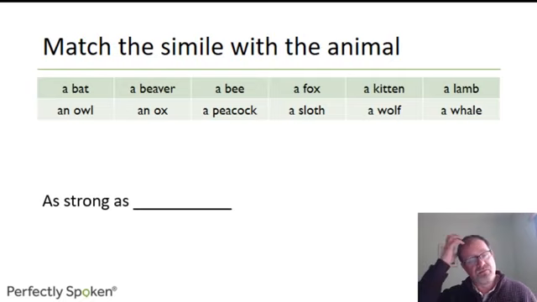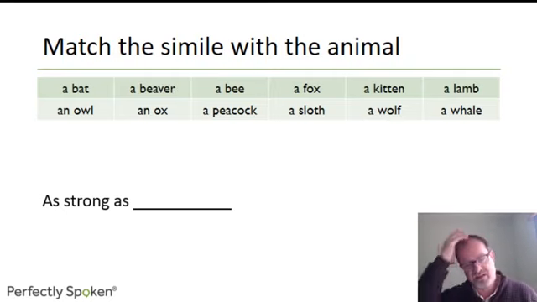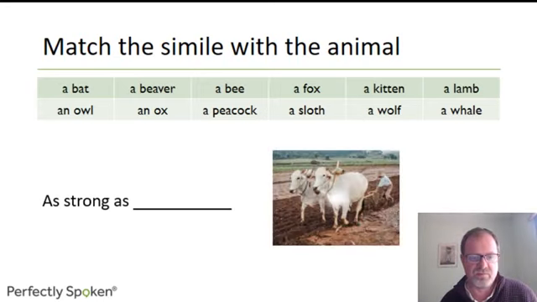This is an animal which was used traditionally and is still used in certain parts of the world, although it's been replaced by mechanical things such as tractors. It's this animal here. You can see in the picture pulling a plough, which is an agricultural tool to make furrows in the land. And it's as strong as an ox. Strong as an ox.